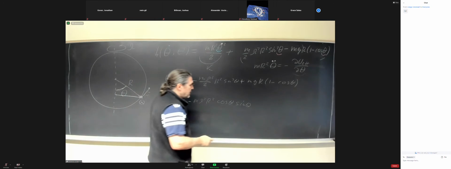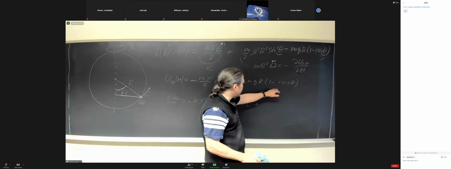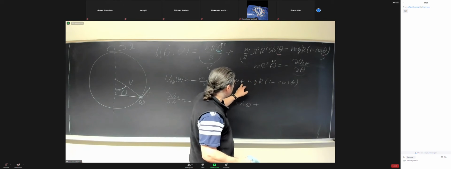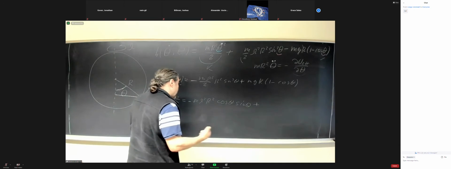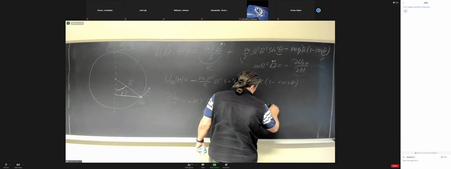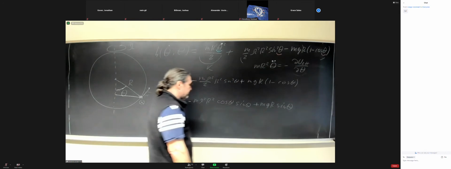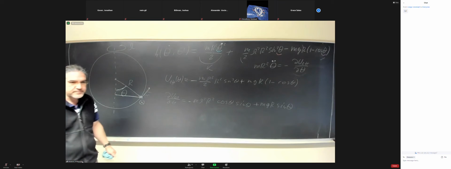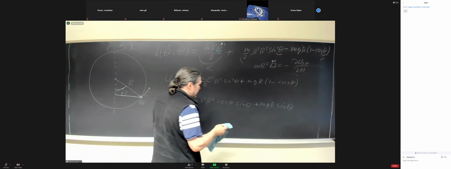And plus, now I need to take this derivative. I have minus sine here, this is plus sine, differentiate cosine and get minus. So it's m g r times sine theta. Okay. So now let me write it the following way.